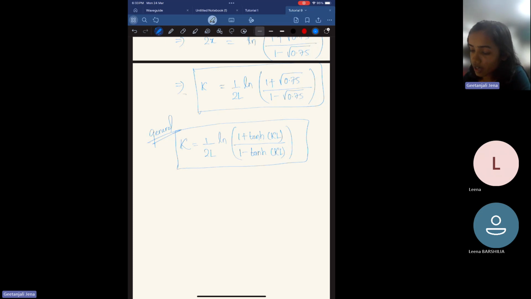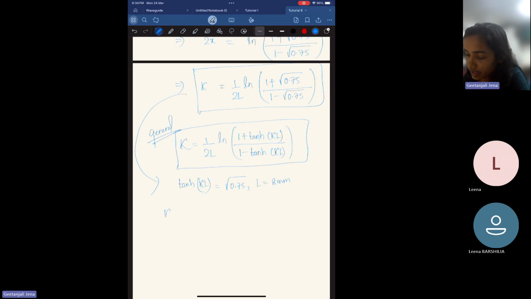So for our case, let us see. tanh(κL) is the square root of 0.75, and L is given, it is 8 mm.